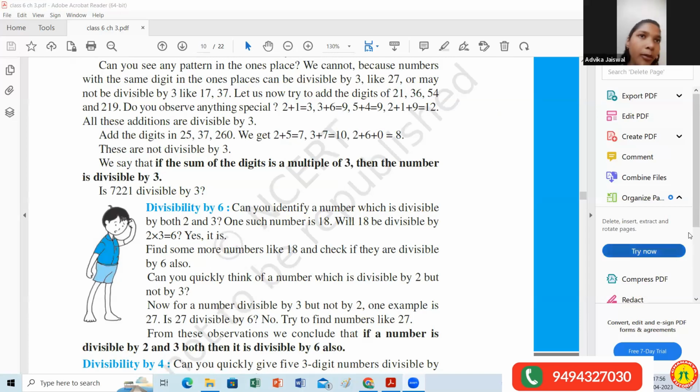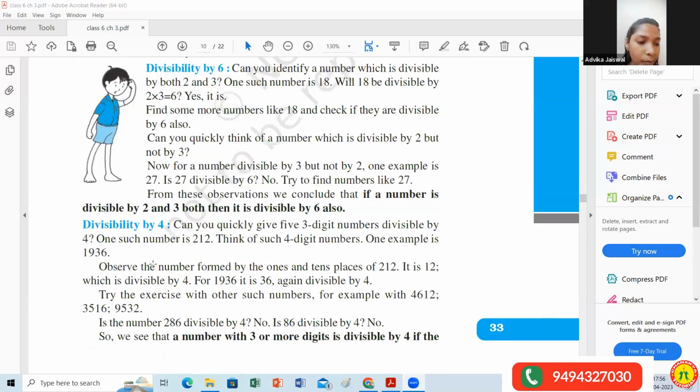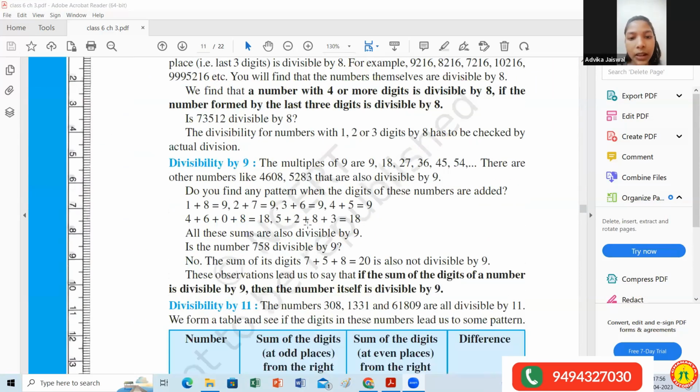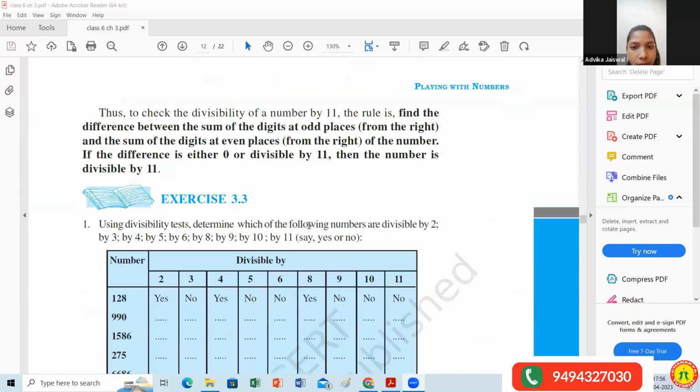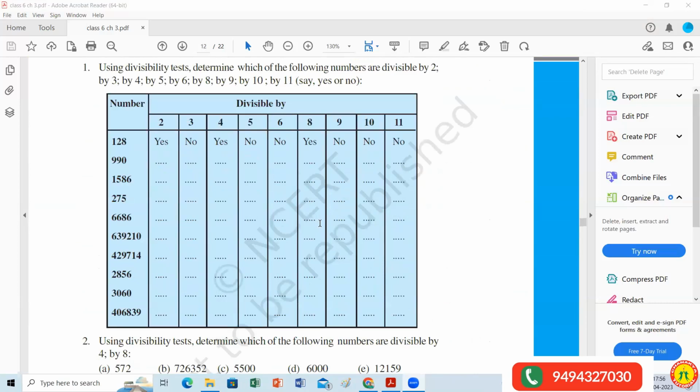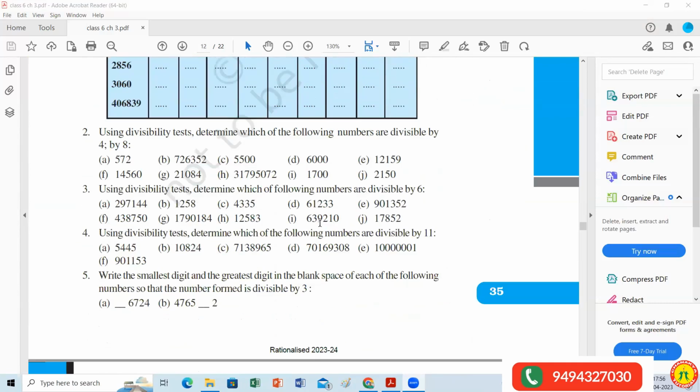Ma'am, actually, I am a little bit confused with the co-primes. Are the prime numbers actually the co-primes? Absolutely good question by you, Advika. Suppose you take numbers like 3 and 5.